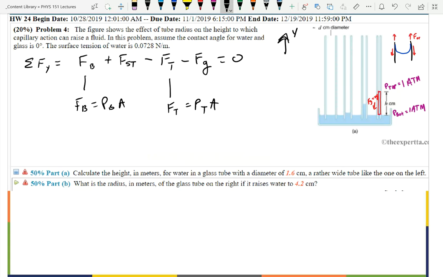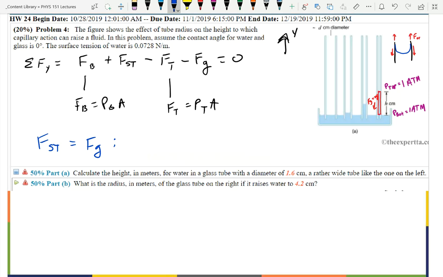But we had pressure at the top and pressure at the bottom were both 1 atmosphere. So that means force bottom and force top are the same magnitude. The directions are opposite, so those two add to 0. So what we're left with, rearranging, is the force of surface tension equals the force of gravity.